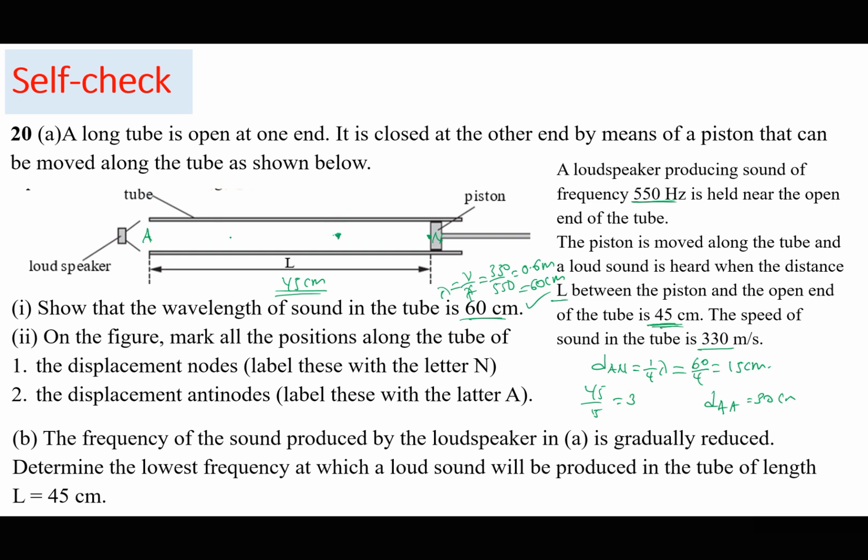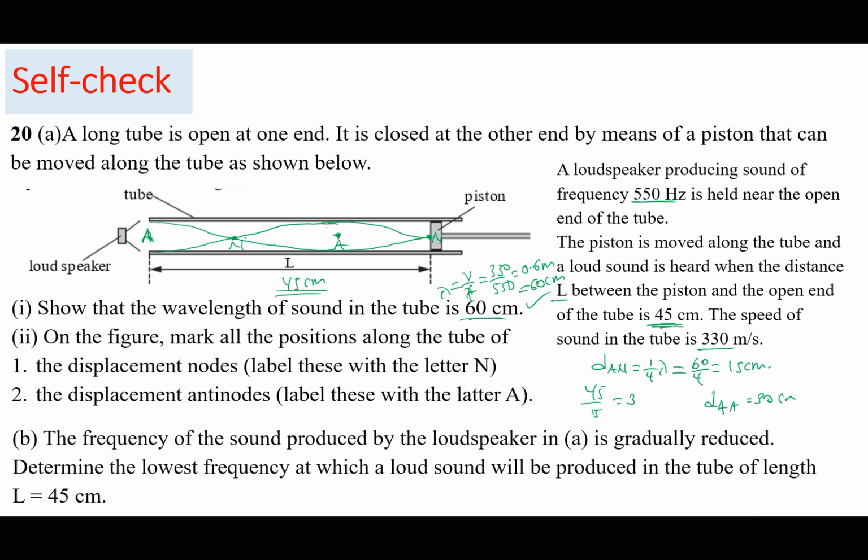So it means there's only one node here. So I will have something like this. This is the second antinode. The next must be a node. Antinode, node, antinode, node.